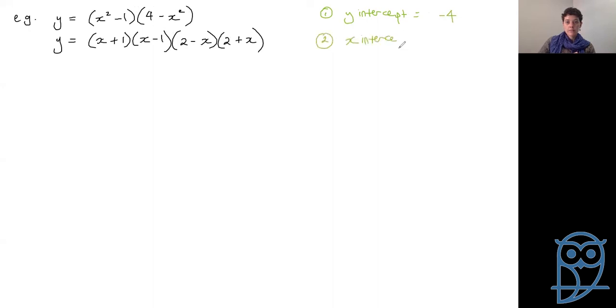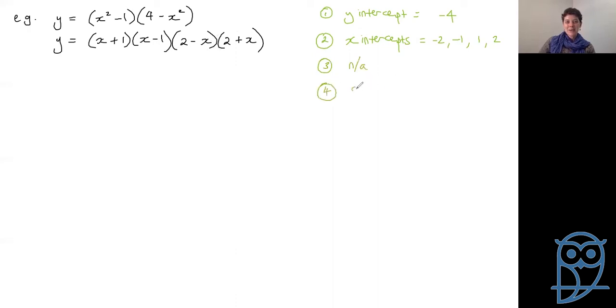X-intercepts. 1 from each bracket. So we would have minus 1 and plus 1. And we would have minus 2 and 2. So minus 2, minus 1, 1, and 2. Yes. Okay. Stationary points without differentiation, we're not going to go there.